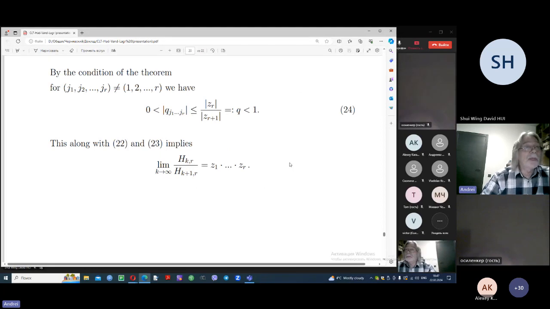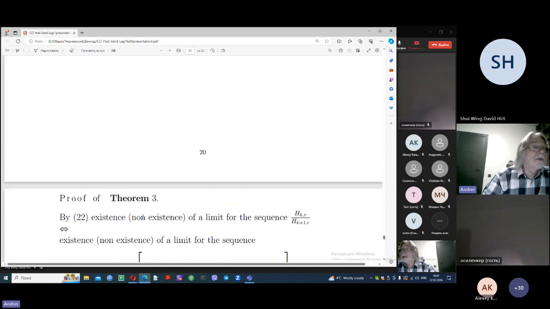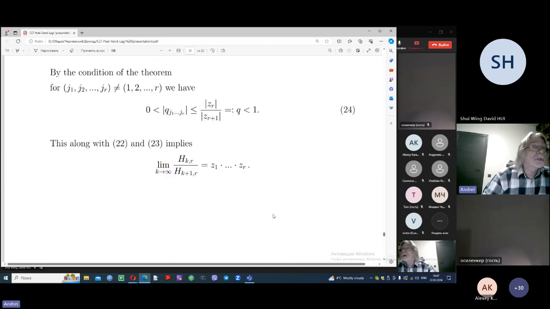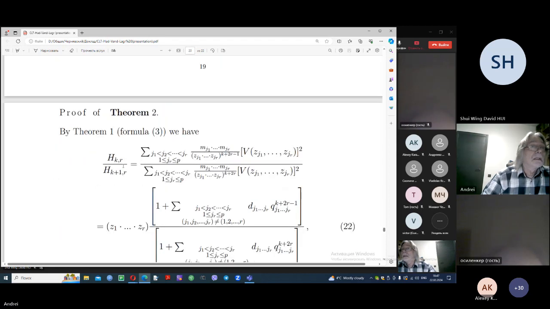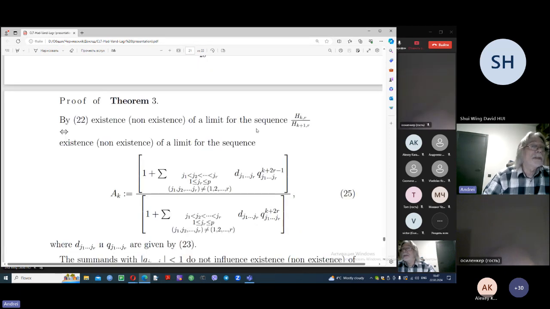Now, the maybe most peculiar result is that we have non-existence of the limit once we have two roots that are equal in modulus. So again, we consider the corresponding ratio, but now in a situation when R and R plus 1 are equal in modulus, but they are not equal, they are only equal in modulus.